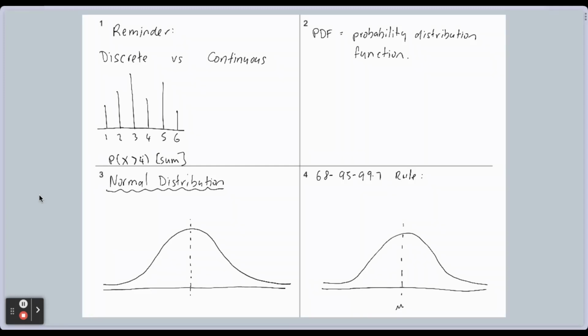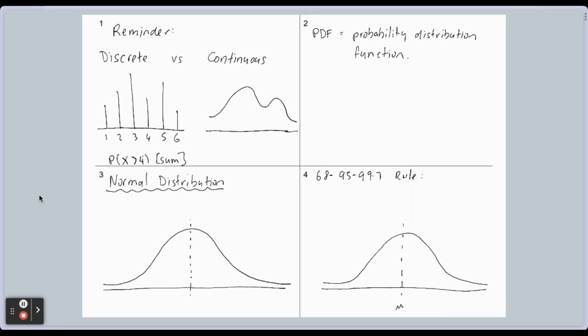In a continuous probability distribution, we don't have the same capacity to draw these discrete lines because it's not discrete. So in continuous, we end up with something like this. Like that. So that's continuous.